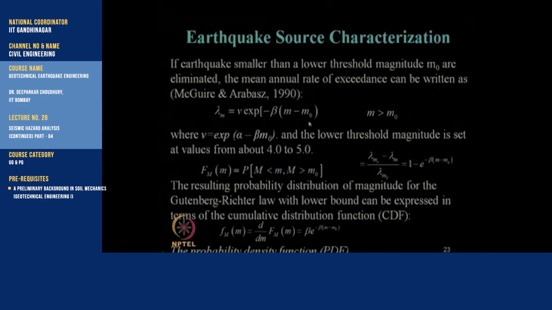So, what is m naught? Let me explain it in a clearer way. It is the lower threshold magnitude. That means m naught is that value of the earthquake magnitude below which we are not concerned. As an engineer, suppose we are doing the hazard analysis, we are not bothered about earthquakes having magnitude say less than 4.5, because they hardly damage our civil structures. So, if it is so, then that 4.5 will be your minimum threshold magnitude.